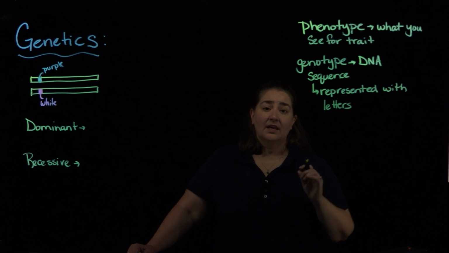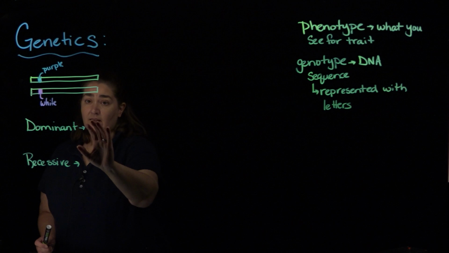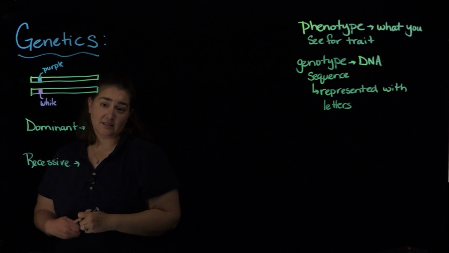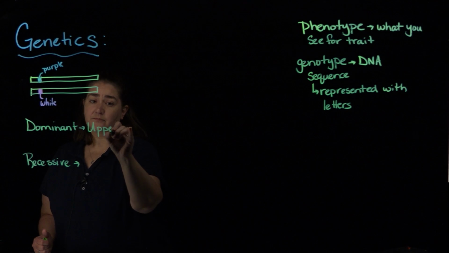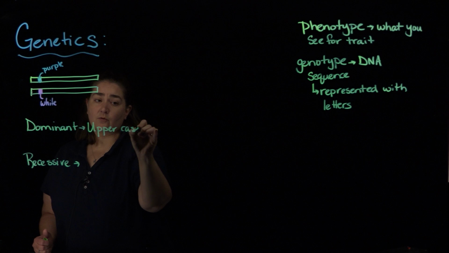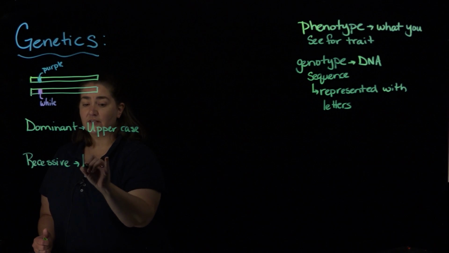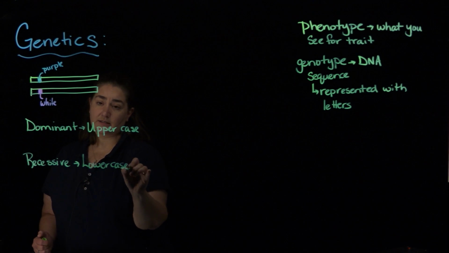And those letters can represent the dominant allele or they can represent the recessive allele. For dominant alleles, we're going to use the uppercase letter. The recessive allele is going to be lowercase.